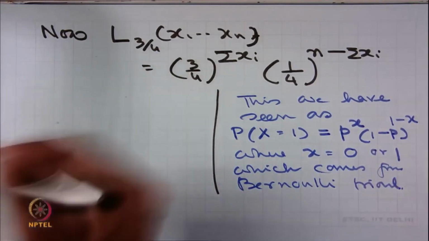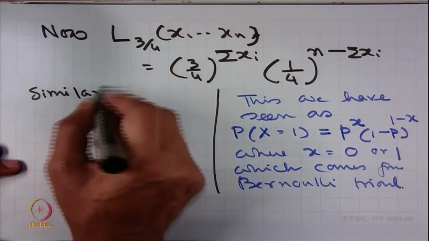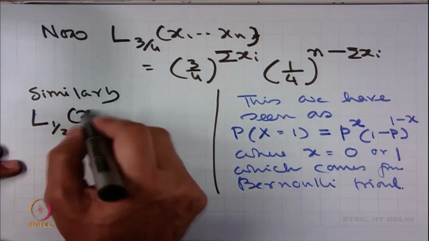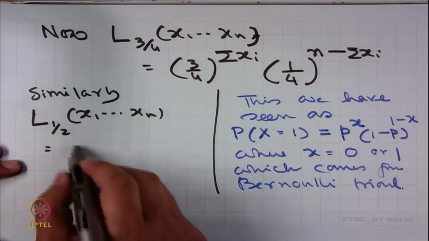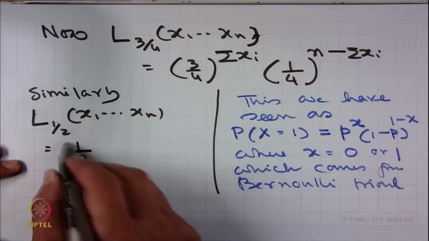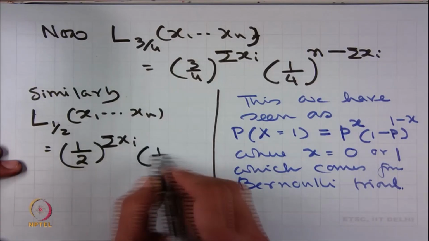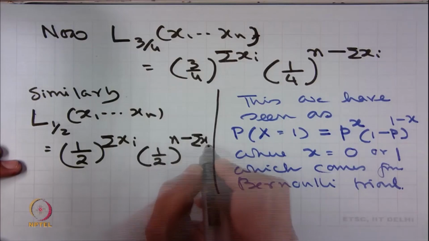Similarly, L half of x1, x2, ..., xn is equal to half to the power sigma xi into half to the power n minus sigma xi.